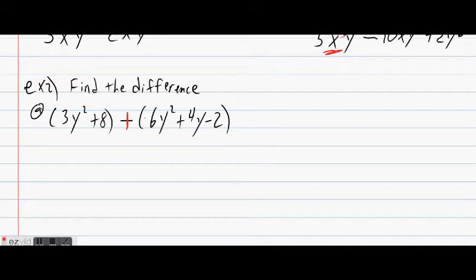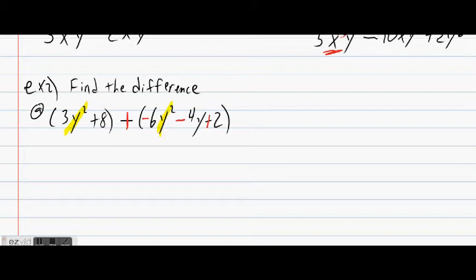So this 6y squared was positive, now it's negative. This 4y was positive, now it's negative. This negative 2 was negative, now we change it to positive. Now we add.